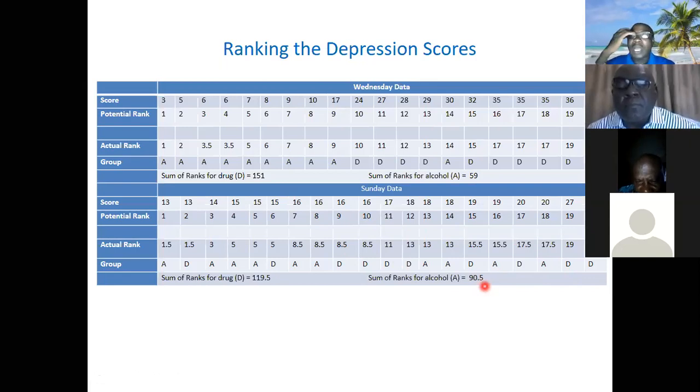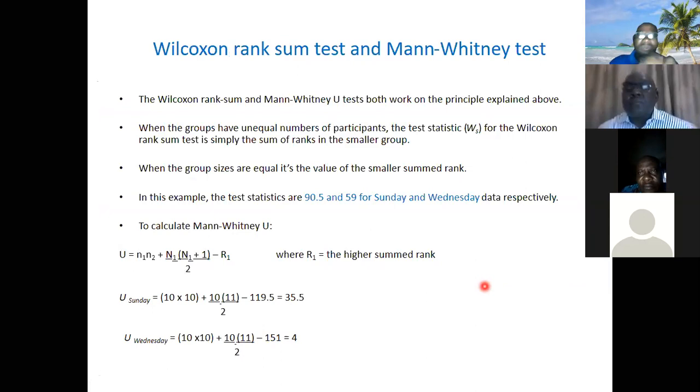So, in the example, the test statistics are 90.5 and 59 for Sunday and Wednesday, respectively. That's Wilcoxon.